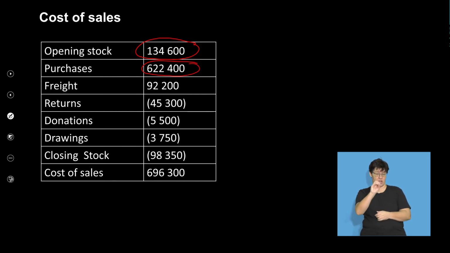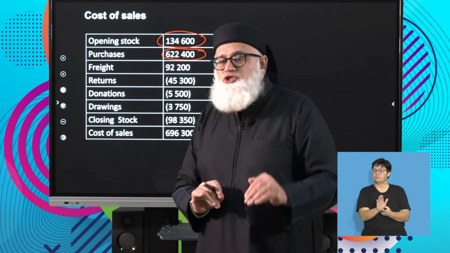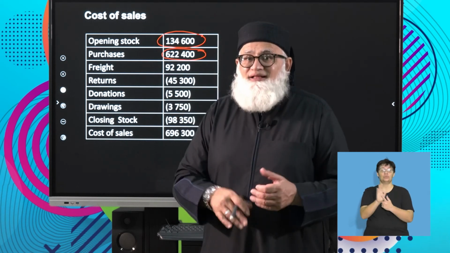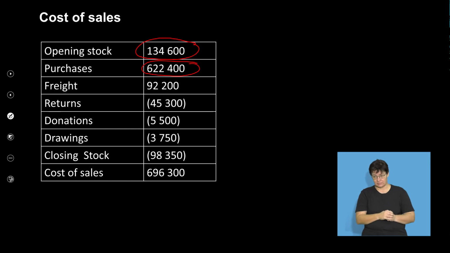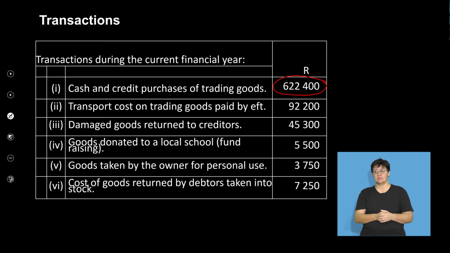So therefore, watch, we add the 622,400, and if we are doing the calculation, we say purchases 622,400. Right. So what I've done is, like I've explained to you early on, I'm showing you a straightforward calculation where you just show figures, but you could be asked to show it in a table format. Then obviously you need to specify the detail. If we take the next item, transport costs paid by EFT 92,200.